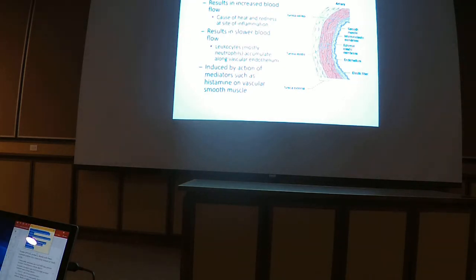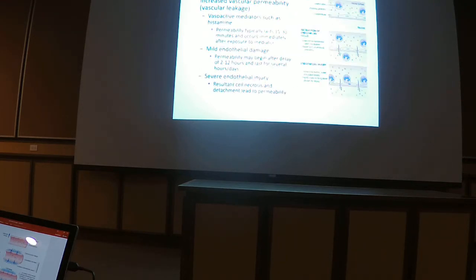We will talk about different mediators such as histamine and how they work. All of this is regulated by certain mediators. The vasodilation, the vascular permeability. So vasodilation, which is simple enough, is, as we talked about, followed by vascular permeability, which allows leakage of stuff that needs to leak out.